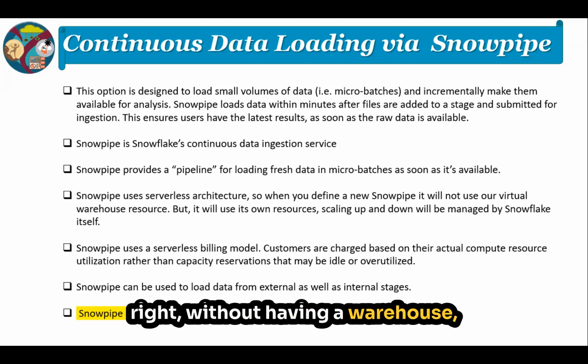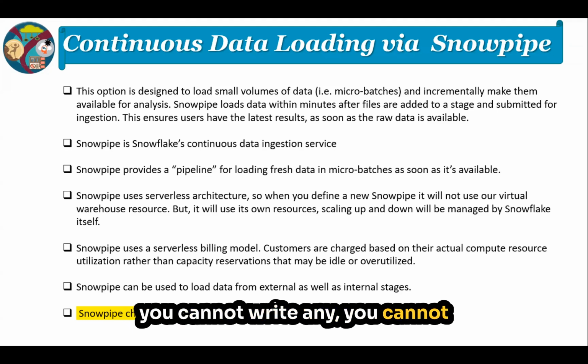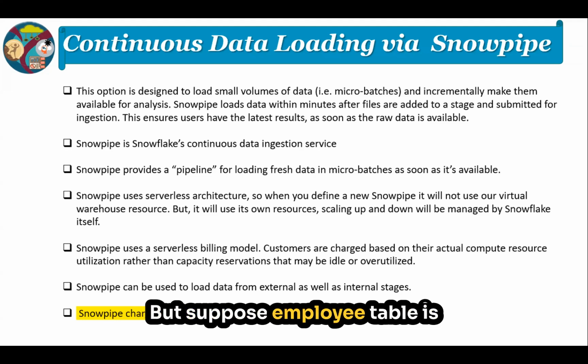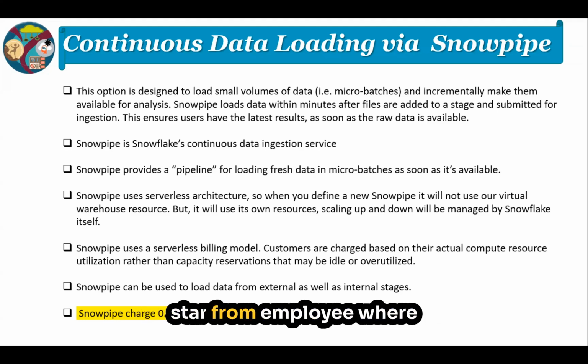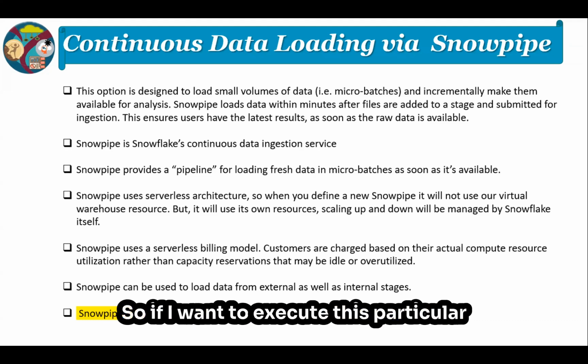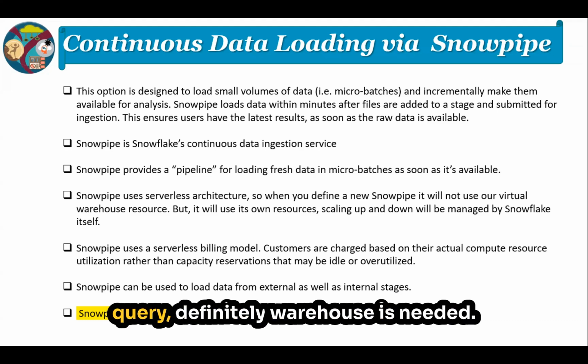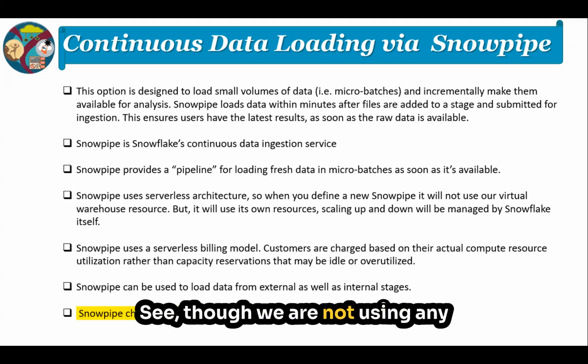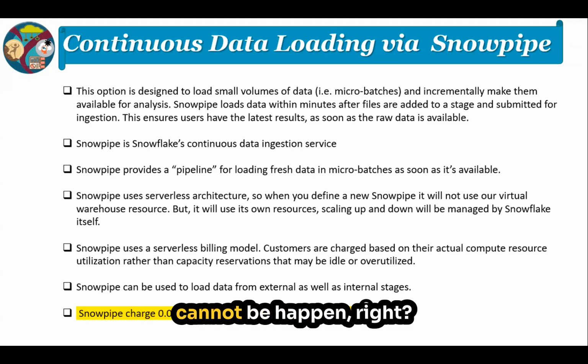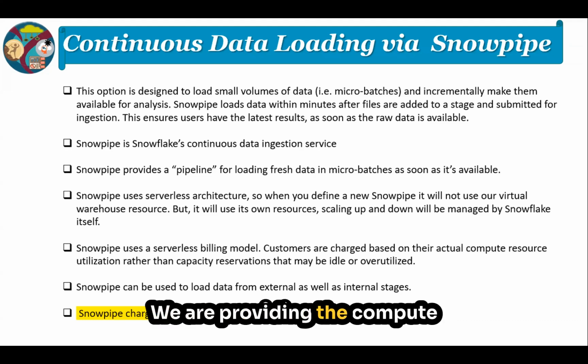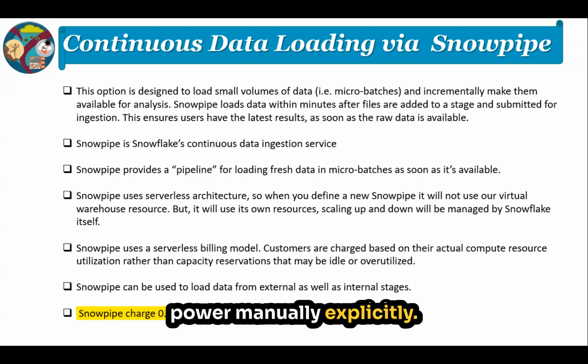Without a warehouse, you cannot execute any query, except the metadata operations. For suppose an employee table is there. If I want to run select star from employee where department number equals 10, definitely a warehouse is needed. If we are not using any warehouse, that query execution cannot happen, right? So we are providing the compute power manually, explicitly.